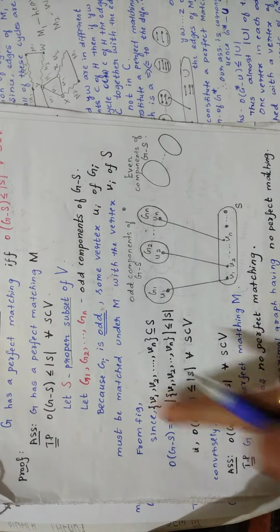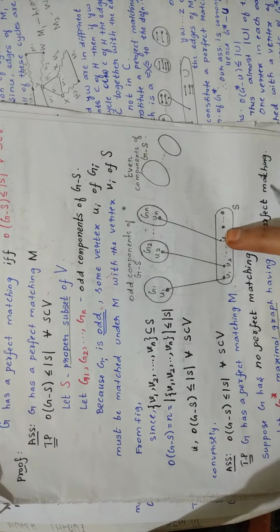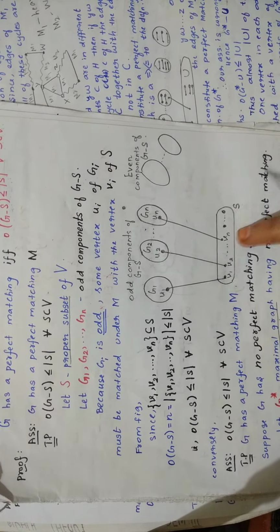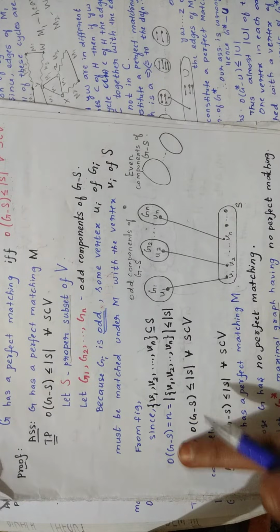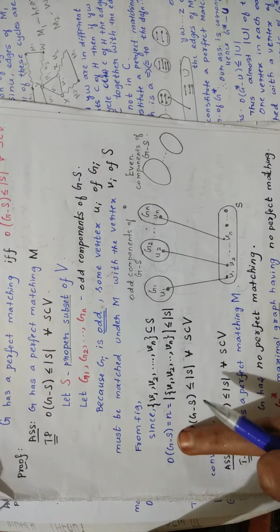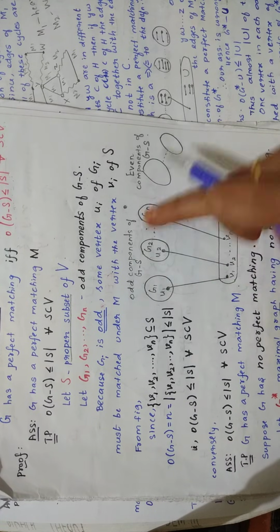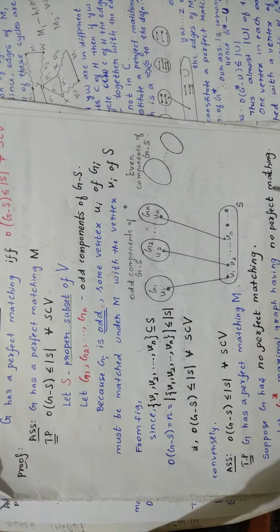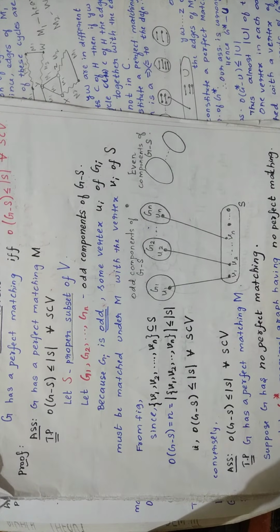From the figure you can say that V1, V2, etc. up to Vn are a subset of S. Therefore, the number of odd components of G minus S equals n, because you have the graphs G1, G2, etc. till Gn, and these graphs are odd components.